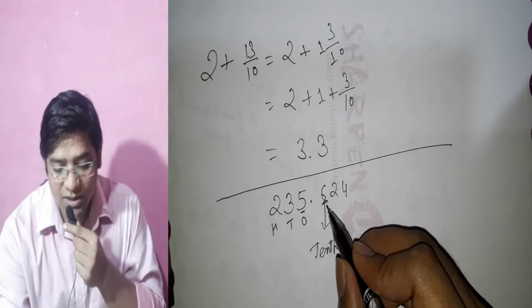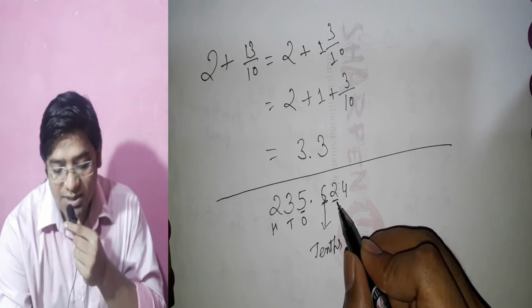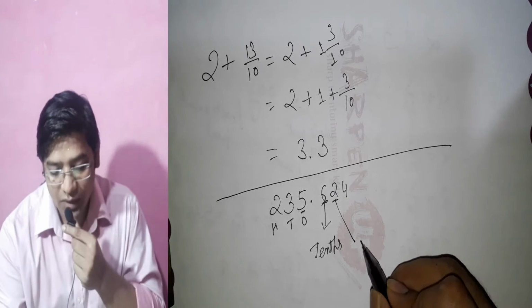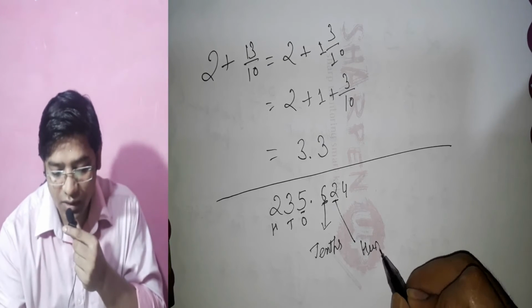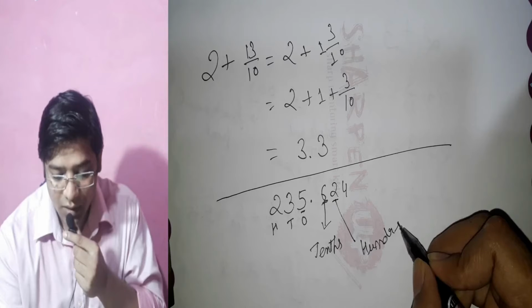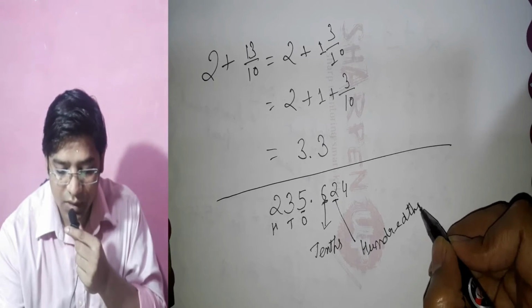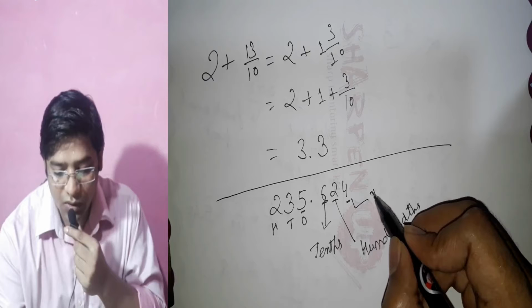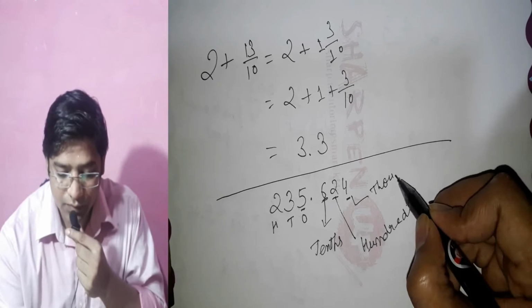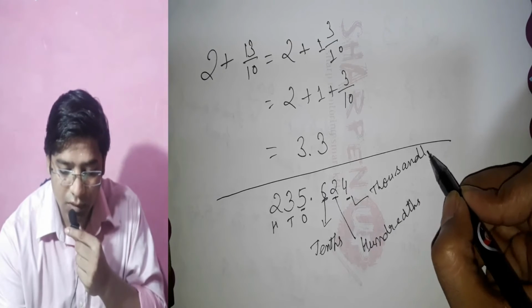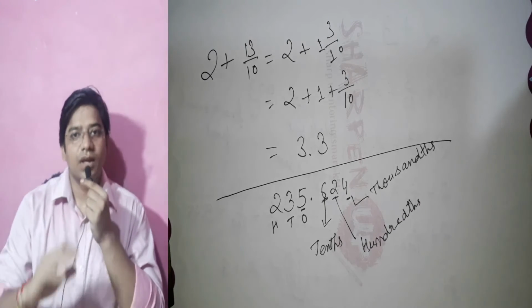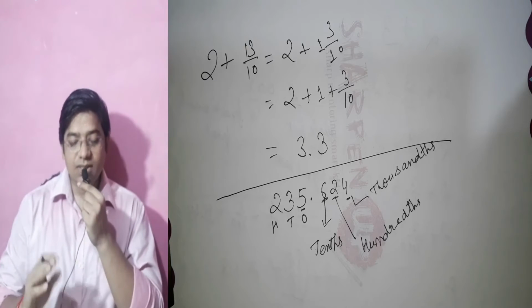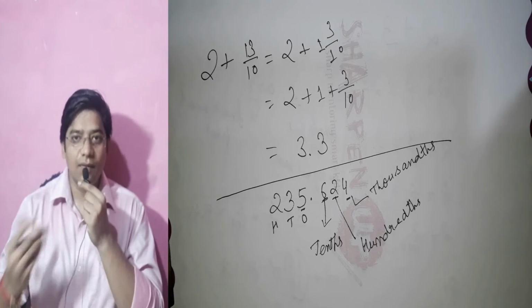The first place is tenths, our second place is called hundredths, and our third place is called thousandths, and so on. So this is our place value table for decimals.